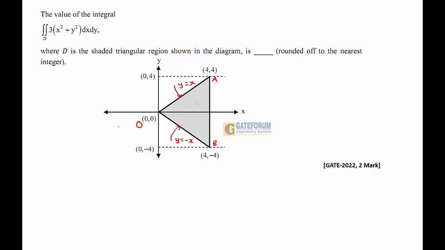Suitably, we have to select. So I'm taking a vertical strip, that is two parallel lines of small width. This strip is denoted by P comma Q.